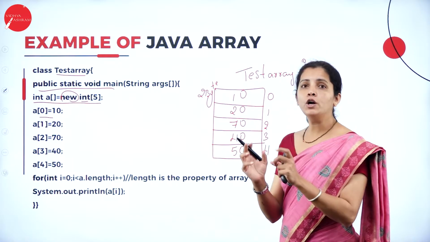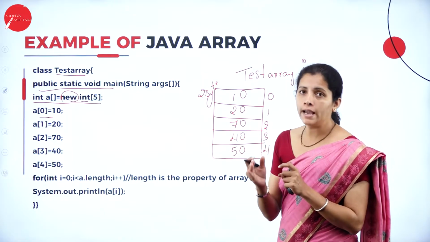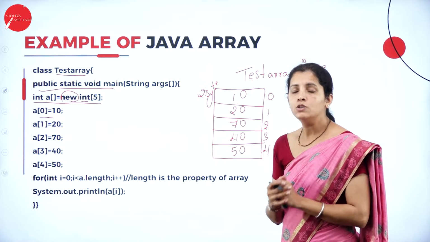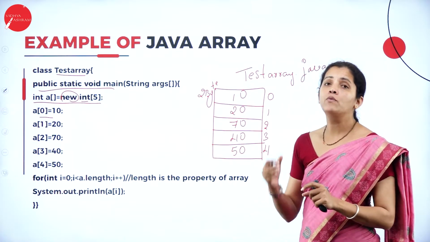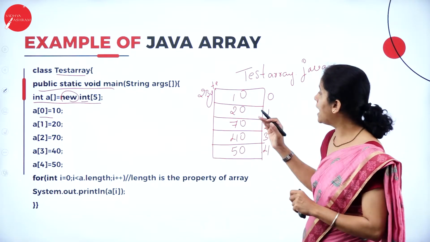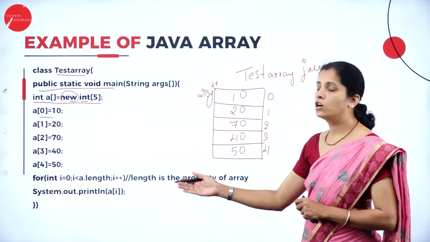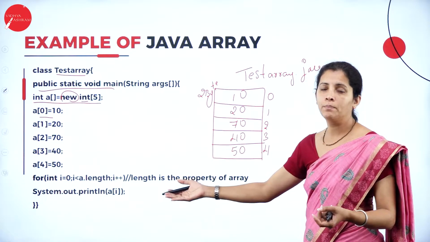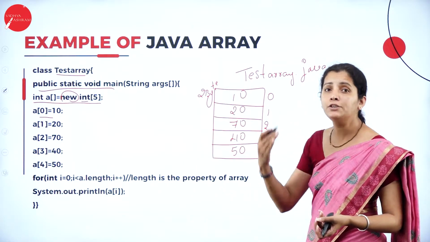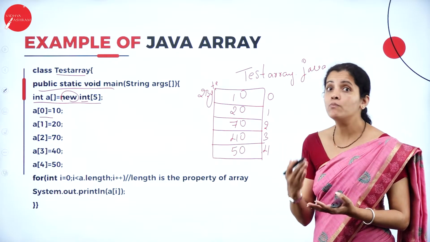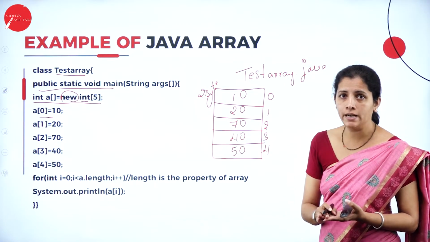Now I want to read all the elements one by one and display them. So, dear student, if I have only one element, then I can directly write System.out.println and A. But here I have a collection of elements. Collection in the sense what? I have more than one element.